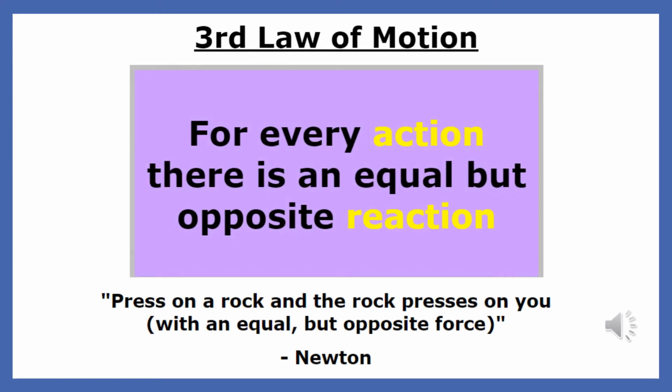As I said before, the common definition of Newton's third law is that for every action, there is an equal but opposite reaction. I like what Newton said about the third law. When you press on a rock, the rock presses on you with a force that is equal but opposite.